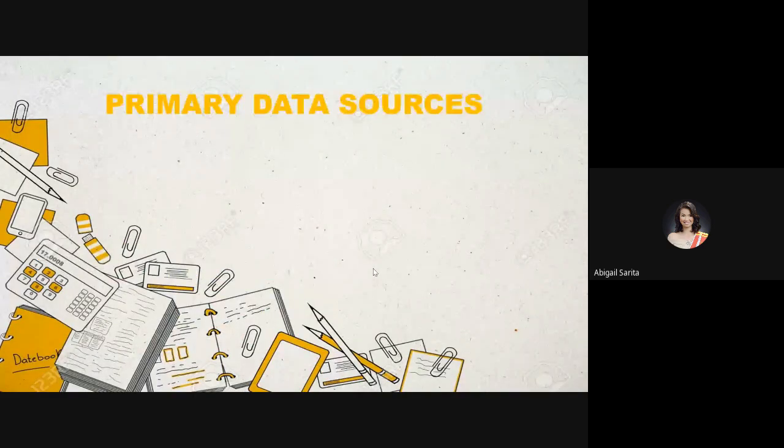Okay? Next is, isa-isahin natin yung mga example ng primary data sources. So, saan ba tayo pwedeng kumuha ng mga primary data or primary informations? Una, letters.